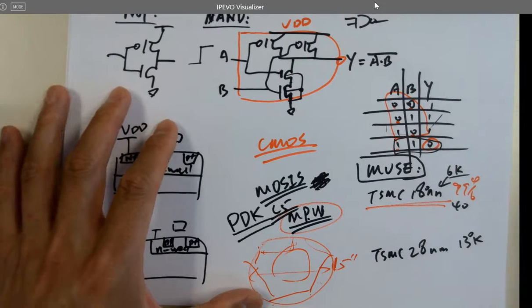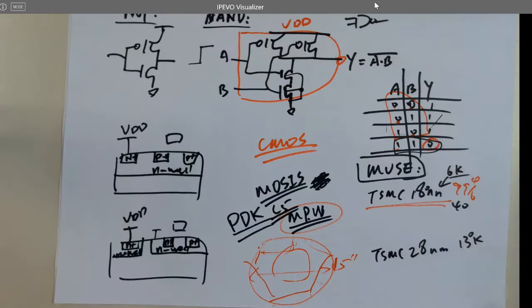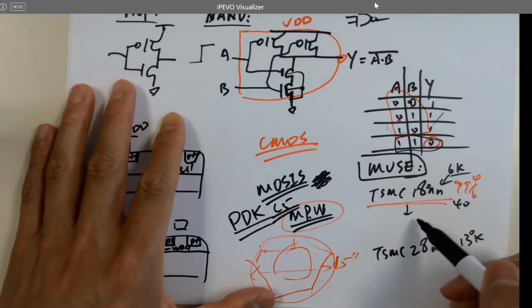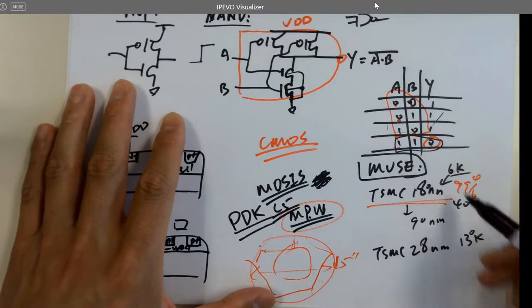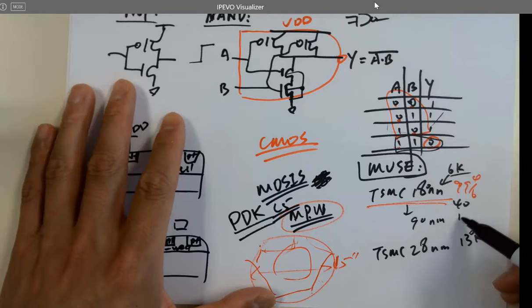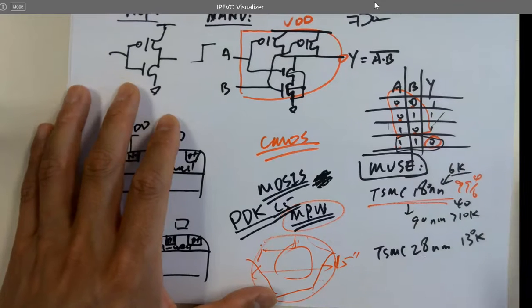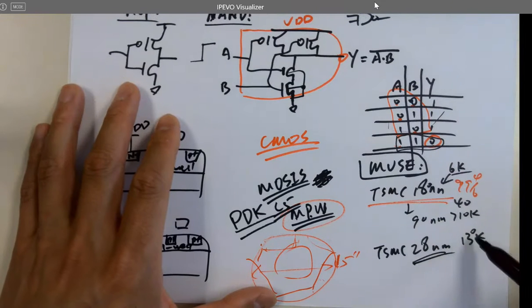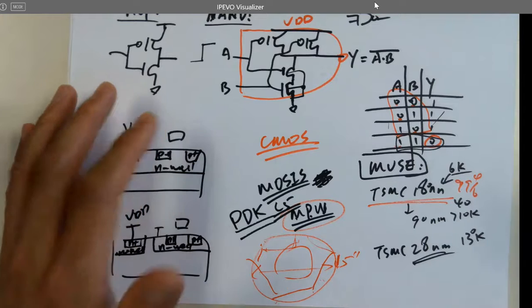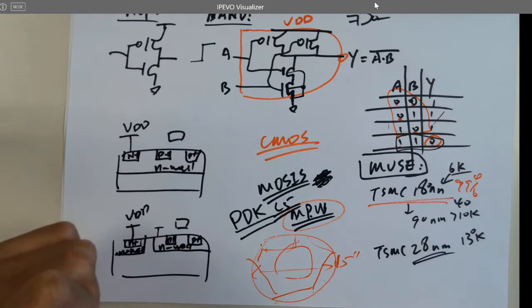Or 130, I forgot. It's very expensive. I remember the next level, somewhere around 90 nanometer technology, is already over 10,000. So I think this one is probably 130, not 13K.